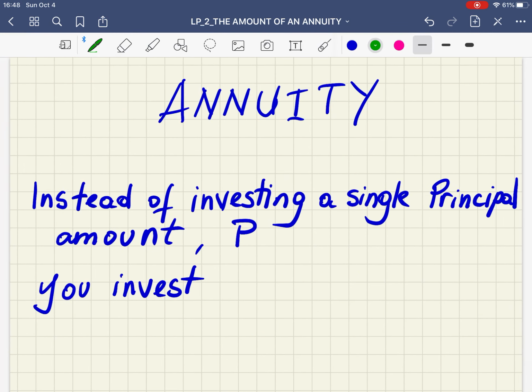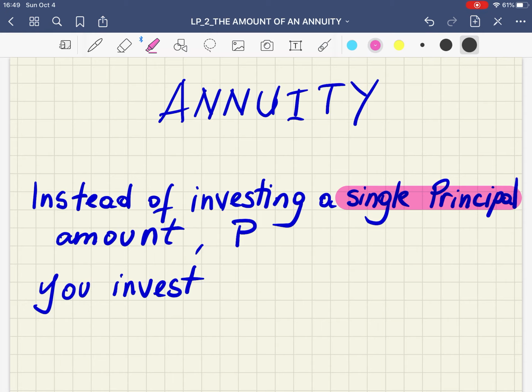So just to start with, an annuity is a different type of investment, different than simple interest and different than compound interest. So what is special about an annuity? In a compound interest investment, we invest a single principal, okay? And we let that principal grow over a number of compounding periods.